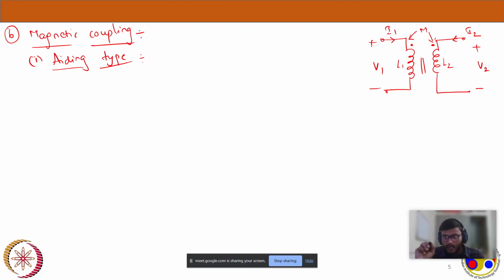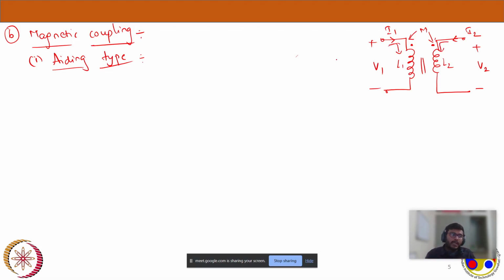There is no physical connection, and the currents will flow through the primary coil and secondary coil. Those are I1 and I2 respectively. Now, can anyone tell if the currents are entering or leaving at the dotted terminal? If you see the circuit, the currents are entering at the dotted terminals of the respective coils. I1 is entering and I2 is also entering the dotted terminal.